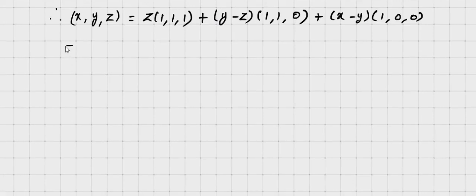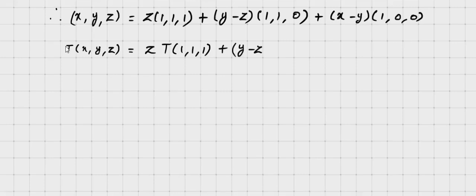That is T of (x, y, z) equals z into T of (1, 1, 1), plus y minus z into T of (1, 1, 0), plus x minus y into T of (1, 0, 0).